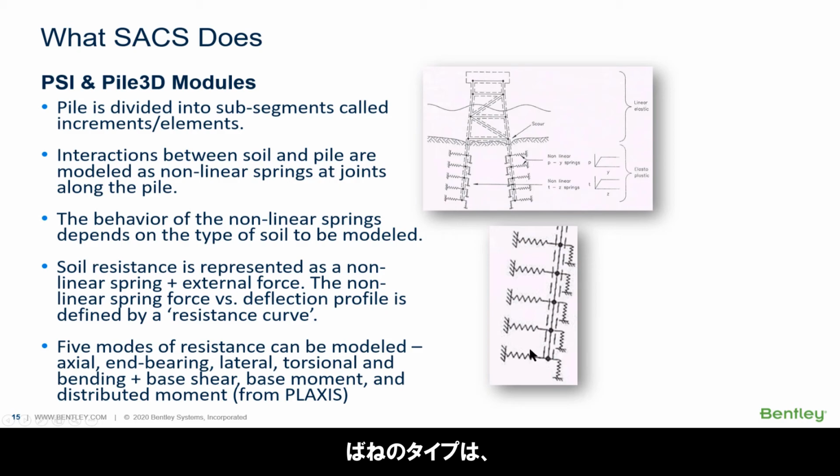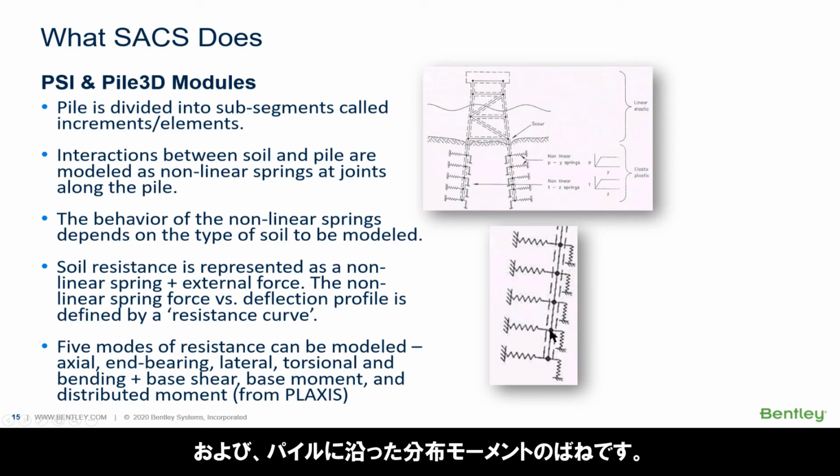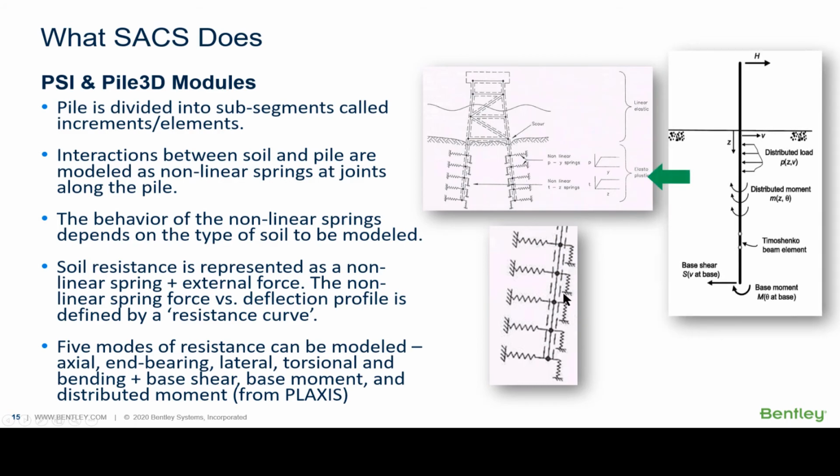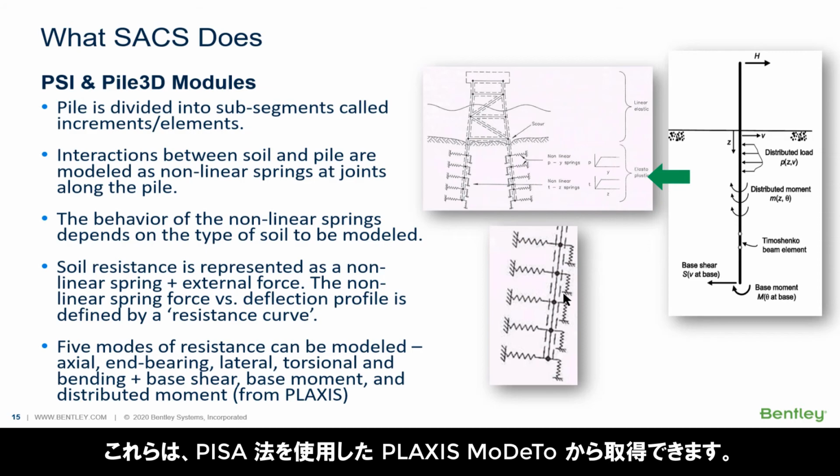The types of springs are axial and end-bearing, and lateral and torsional springs, as well as the shear and moment springs at the base, and distributed moment springs along the piles. As we talked before, these are from PLAXIS MoDeTo using the PISA method.